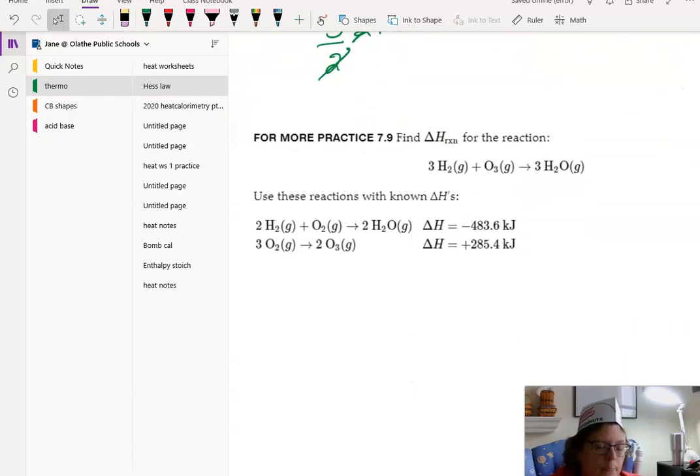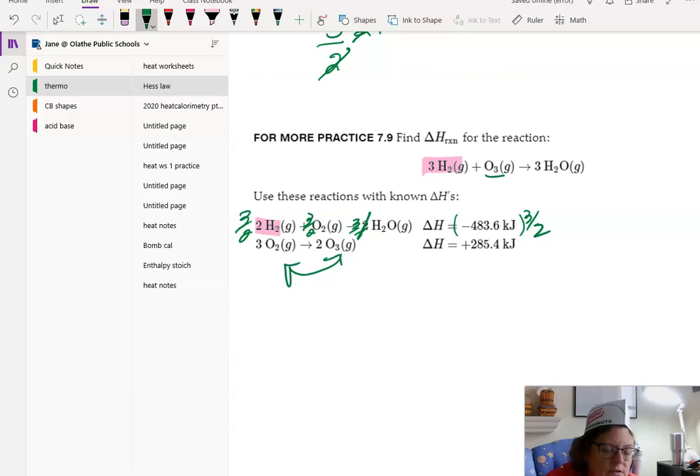Alright, here we go. 3 hydrogens. We have 2 hydrogens. We're going to multiply that guy by 3/2. Everybody in that equation by 3/2. Okay. Ozone, O3. Wrong side, so I need to flip these 2 guys around.